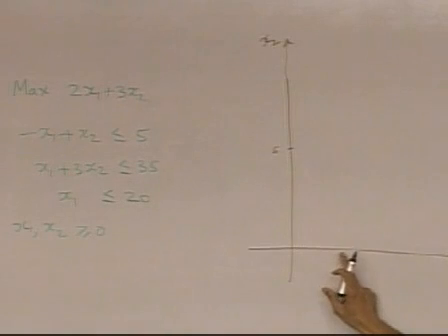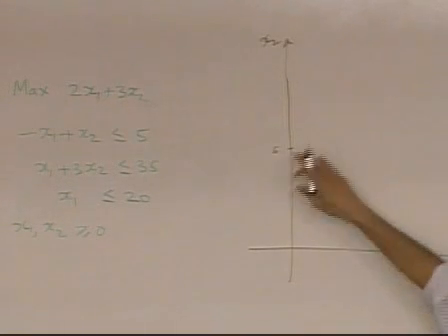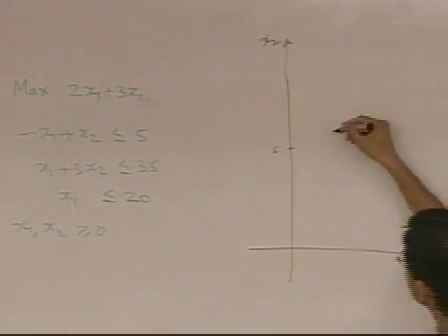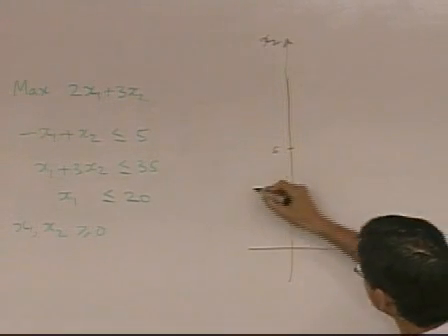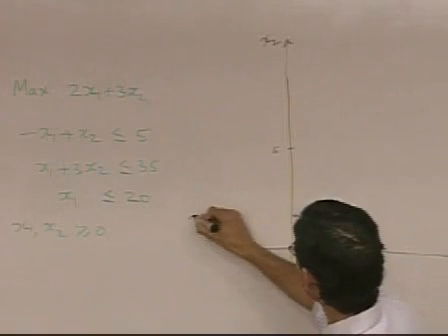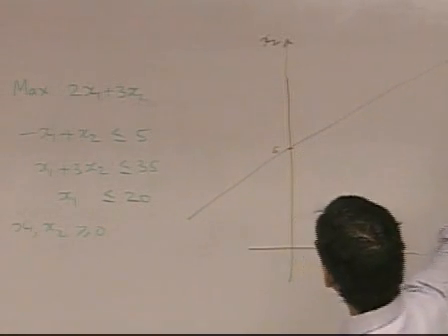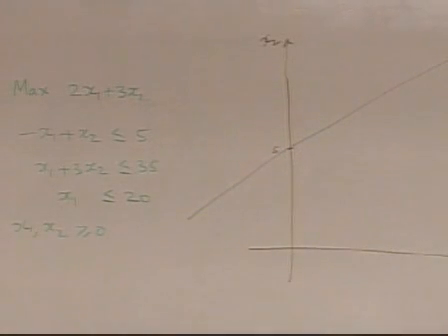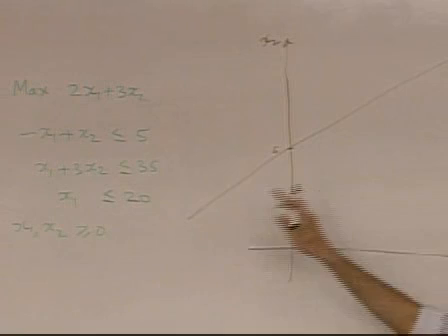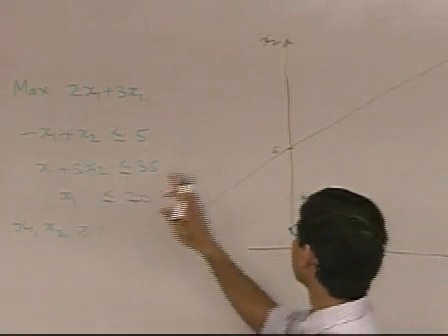When x1 is 1, this says x2 should be at most 6. So you get something like this, and you have a line that goes like this. That's the line x2 minus x1 equals 5.